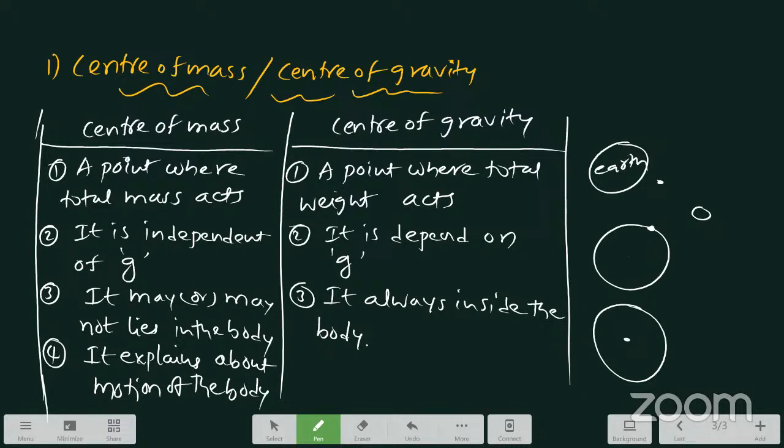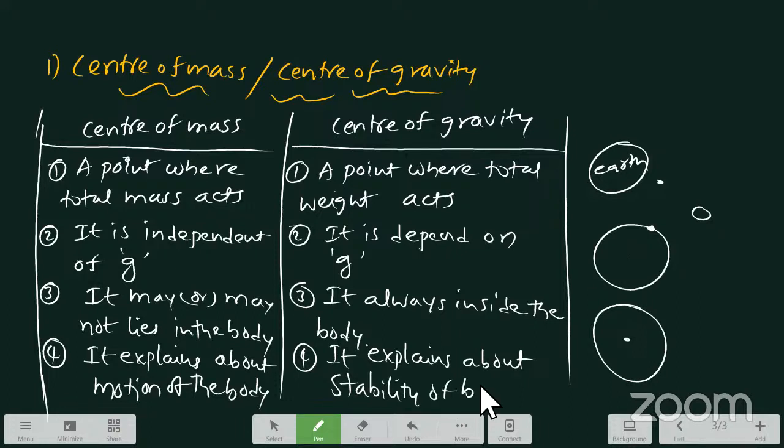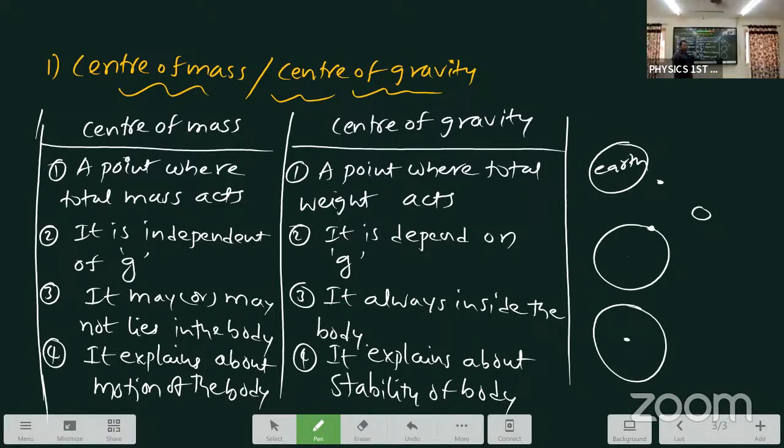It explains about motion of the body. Here, it explains about stability of the body. So, these 4 points are enough. Other than this one, at the center of the earth, this one is never zero, this one is zero.